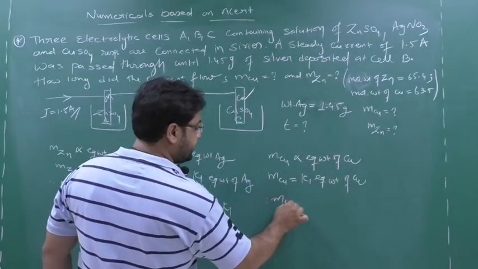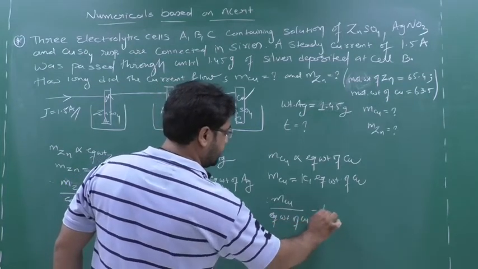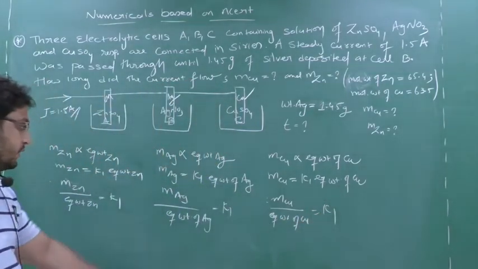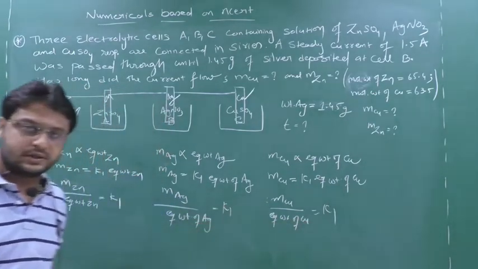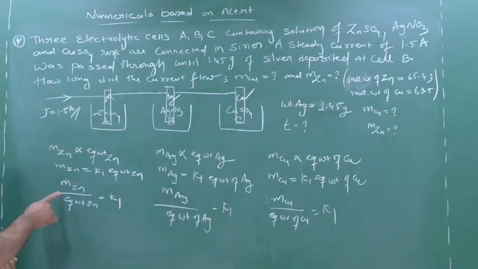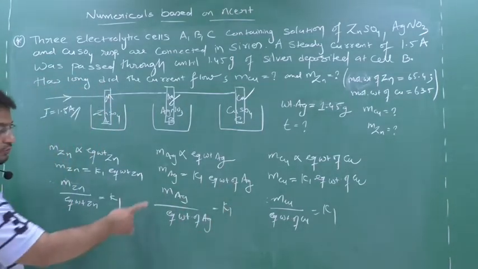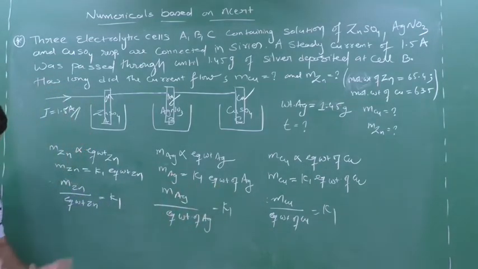Therefore mass of copper by equivalent weight of copper equals K1. Now K1 is equal to all of these, so from 1, 2 and 3, I can say that mass of zinc by equivalent weight of zinc equals mass of silver by equivalent weight of silver equals mass of copper by equivalent weight of copper.